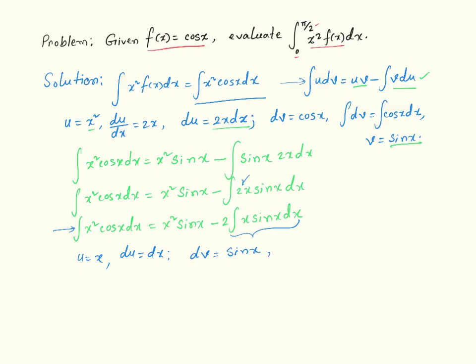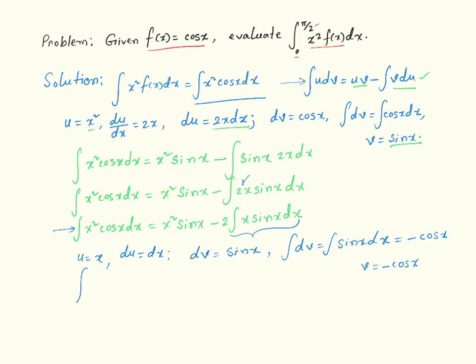Now integral dv is going to be integral sine of x dx. Now remember, integral sine of x is negative cosine of x, right? Now integral dv is just v, so we get v is equal to negative cosine of x.